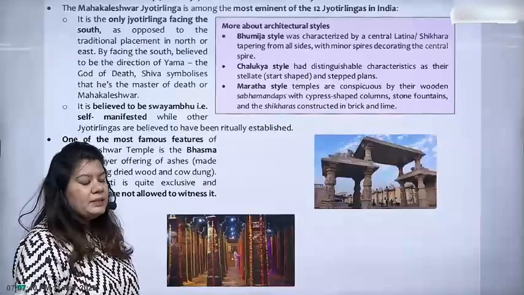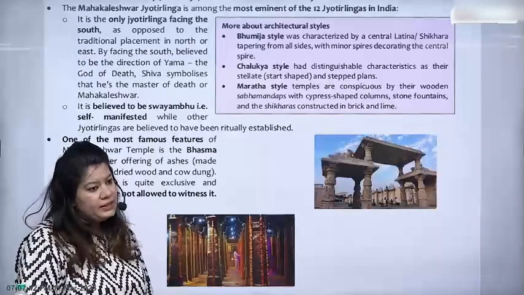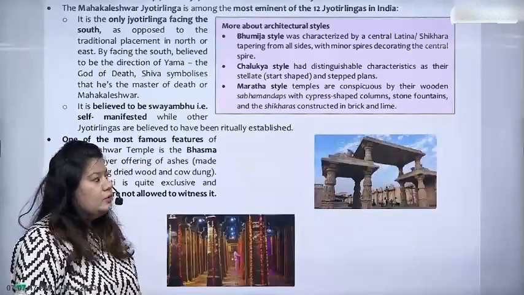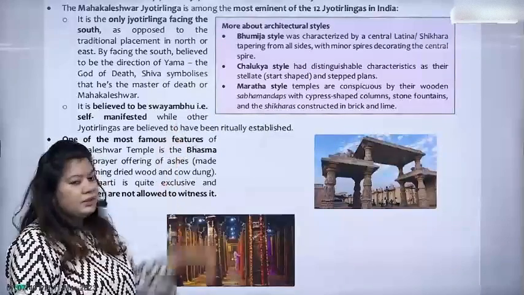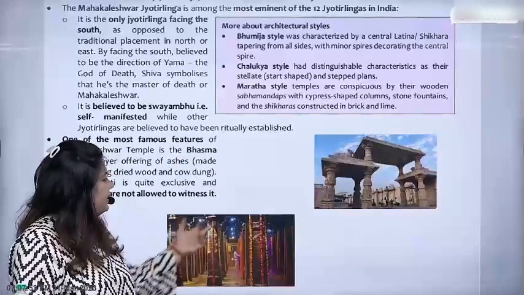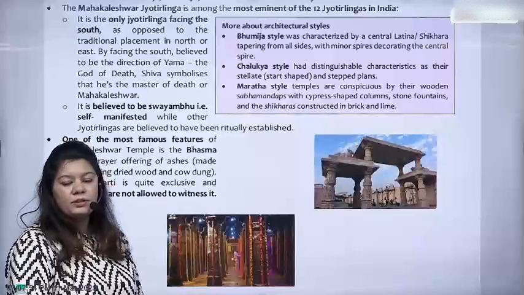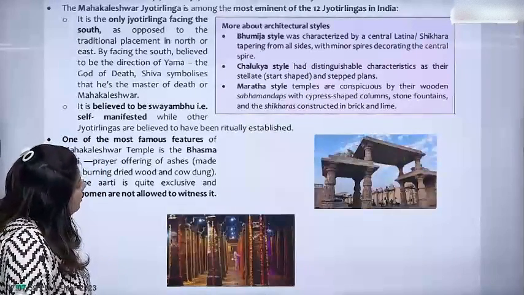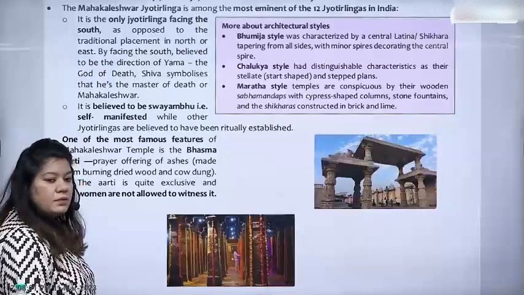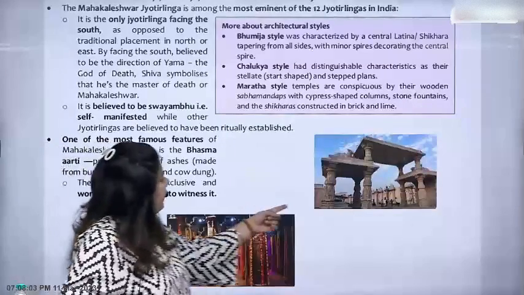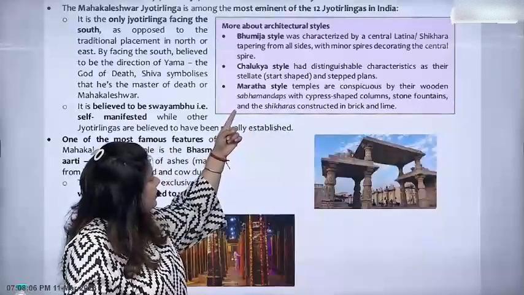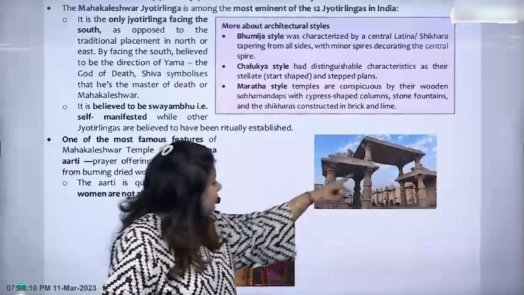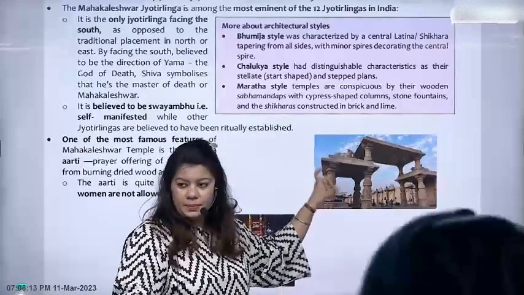Why are we doing this? Because Mahakaleshwar temple is influenced by three architectural styles, Bhumij, Chalukya and Maratha. According to what is written in the content, what can you infer, which image pertains to which description? Bhumij is the upper one. Why? Because it says it has minor spires decorating the central spire. Central spire is this, and minor spires, pillars.